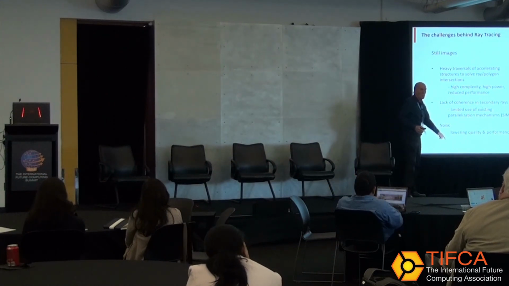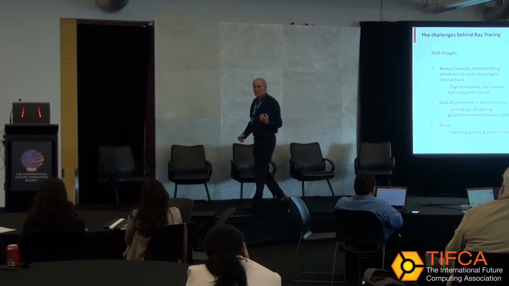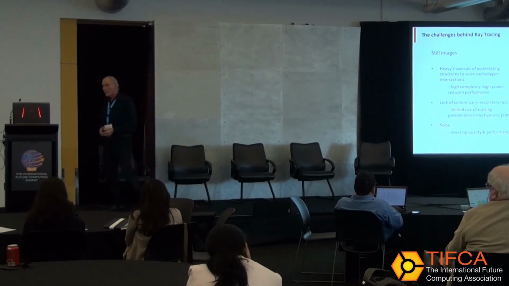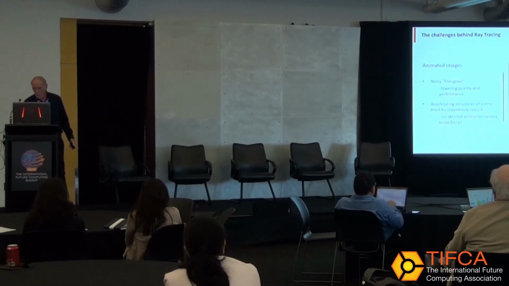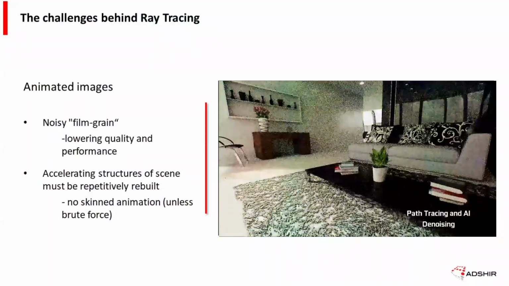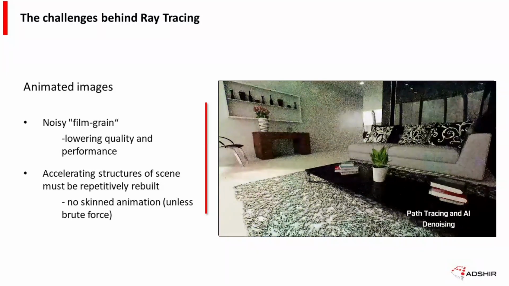The third problem is noise. Ray tracing generates noise. I don't want to talk about it, but let's see it. This was the dynamic scene. A dynamic scene generates noise, and you have to denoise it, so it takes time.